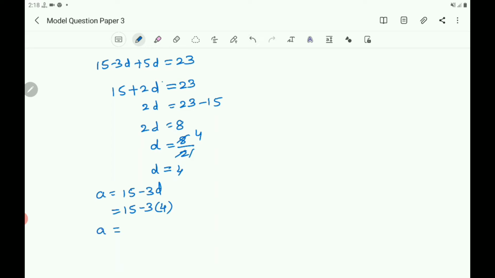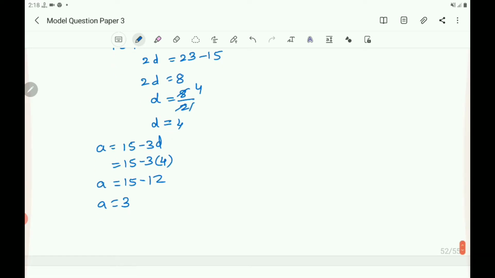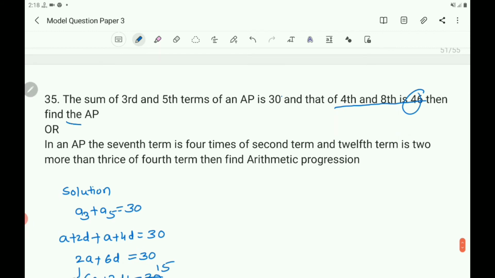Then you will get a equals 15 minus 3 4s are 12. Then you got a equals 15 minus 12 is 3. a equals 3.